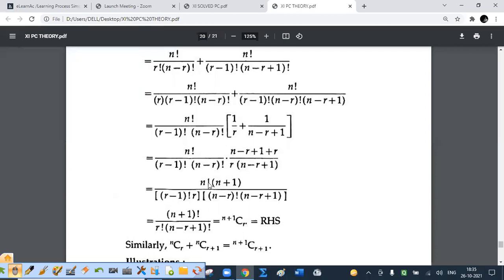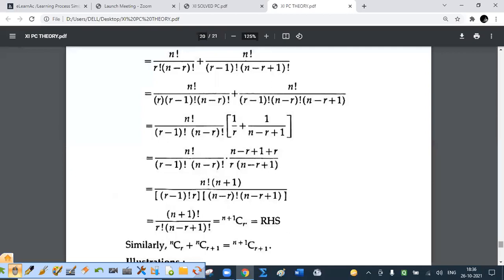Factorial of any number into immediately next number is factorial of next number. Same logic for this (r minus 1) factorial. See, there is multiplication throughout, so we can rearrange the terms. So (r minus 1) factorial into r, which is r factorial. (n minus r) factorial into (n minus r plus 1) is (n minus r plus 1) factorial. But note that this is nothing but (n plus 1)Cr.